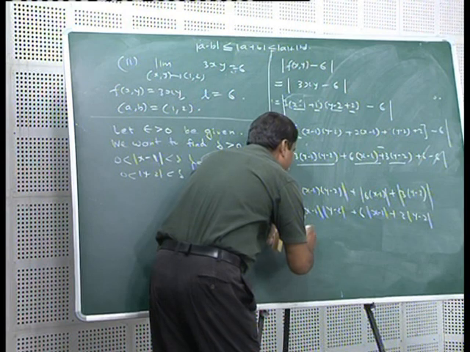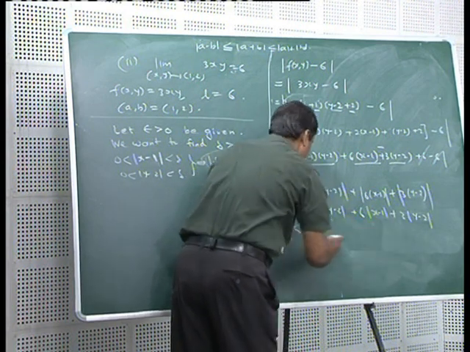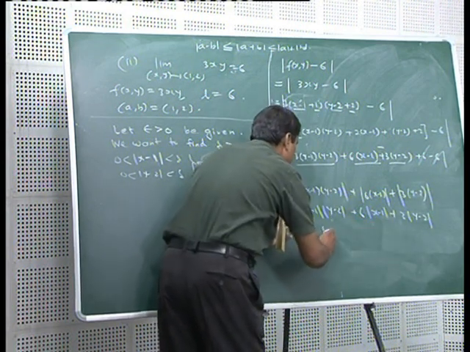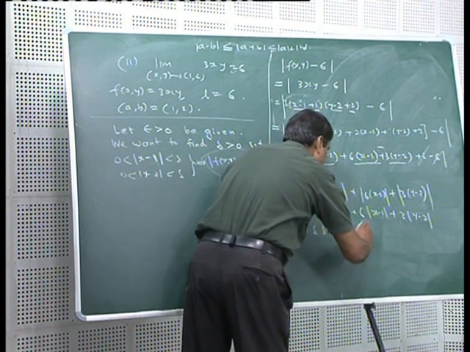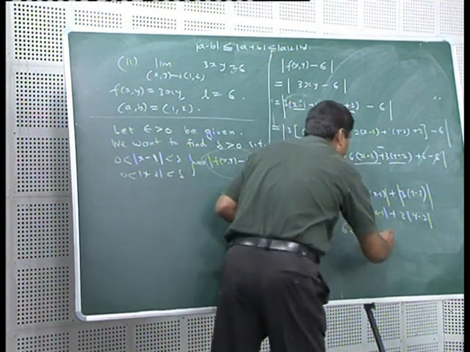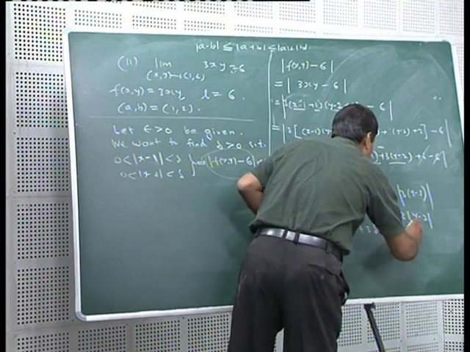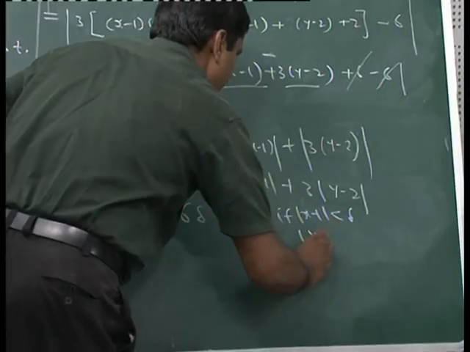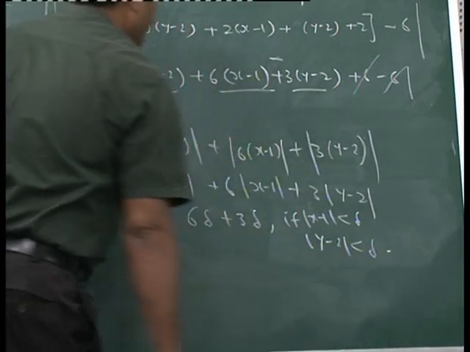Now each of these terms is less than delta. So, this is less than 3 delta plus 6 delta plus 3 delta, provided the two conditions |x - 1| < delta and |y - 2| < delta hold.